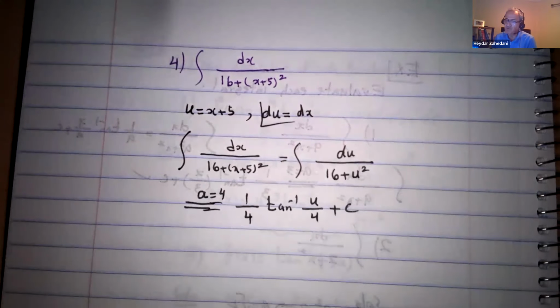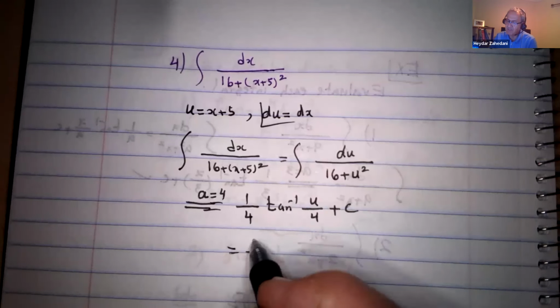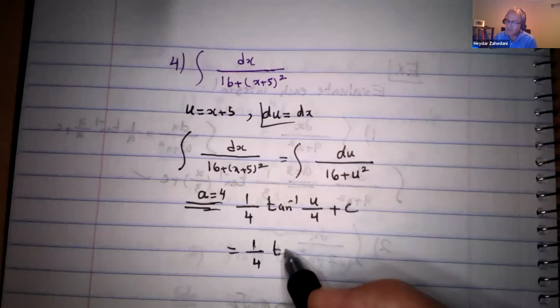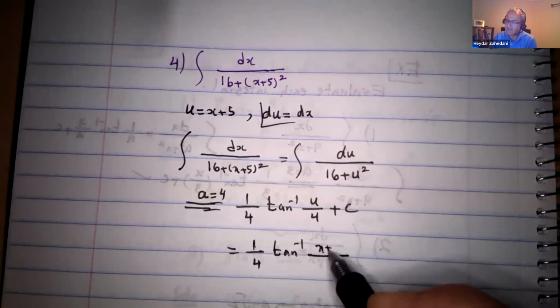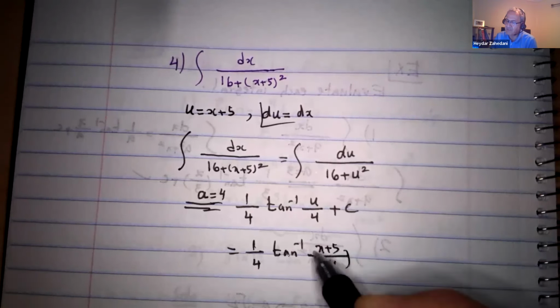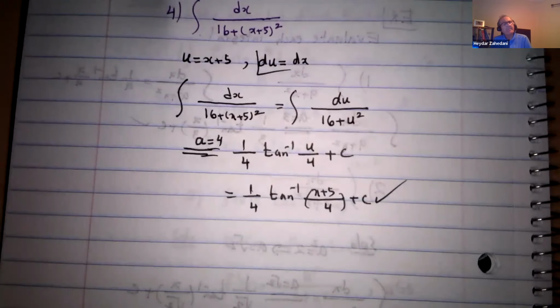And what is u? x plus 5. So it's going to be a quarter tangent inverse of x plus 5 over 4 plus the constant c, and then you're done. See, that gives you the result of your integration to get these numbers done.